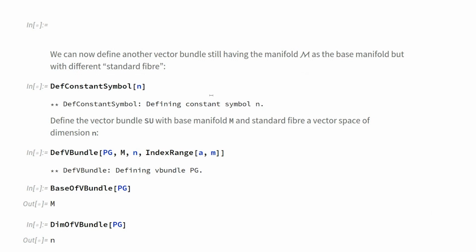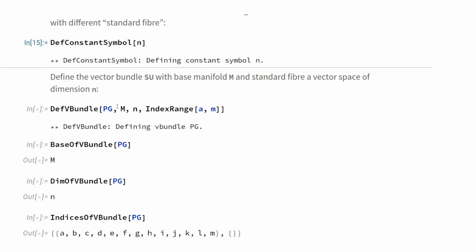I'm going to define a vector bundle whose standard fiber is a vector space of dimension n. So first I define the symbol that will represent the dimension, and then I use the xAct command to define the vector bundle. That is the vector bundle.